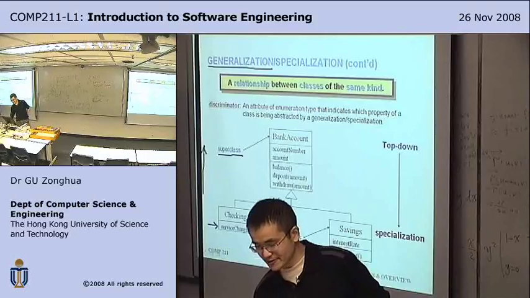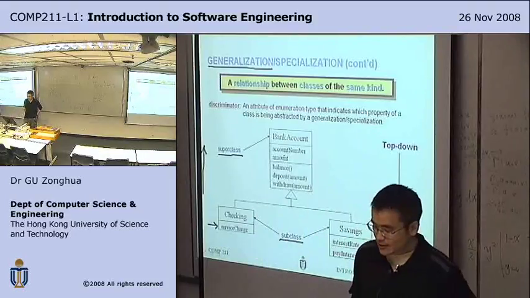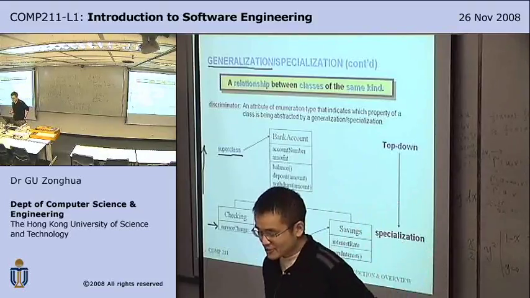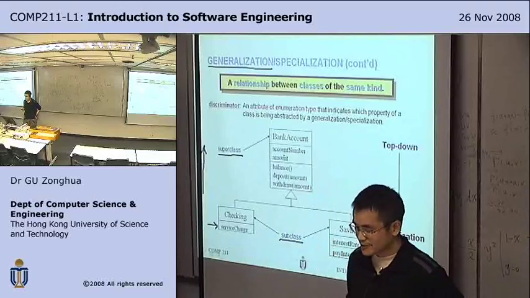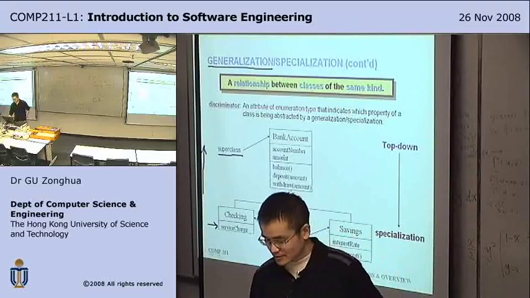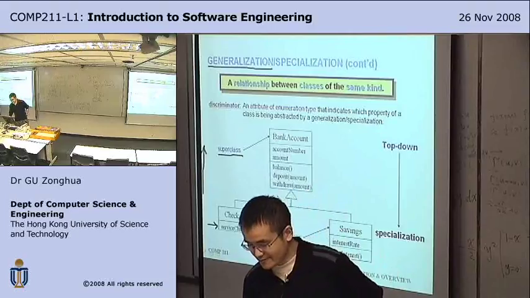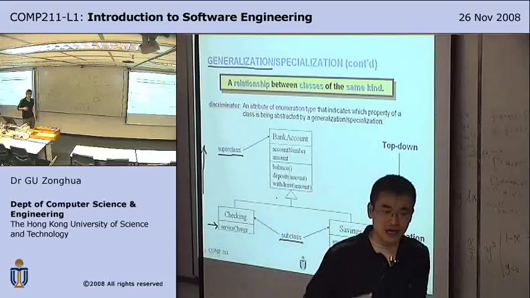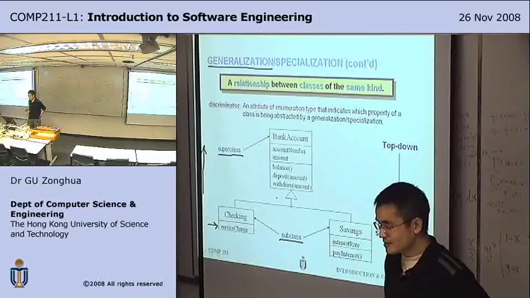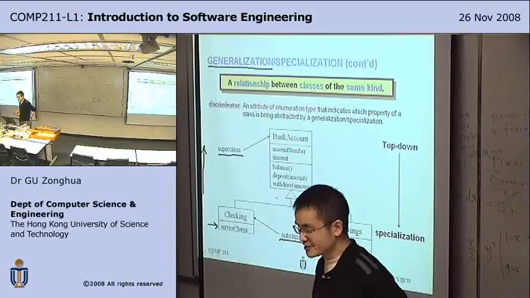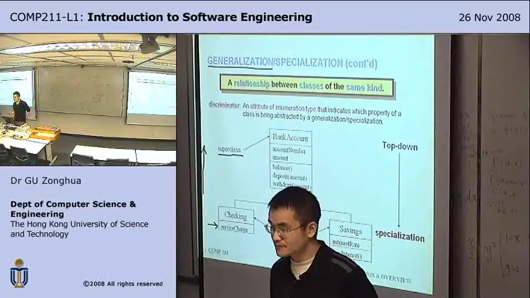It inherits everything from the bank account. But it can add new things. It cannot subtract things from the superclass. So if you find that you need to subtract some attributes and operations, then it's not a proper inheritance relationship. You shouldn't draw it as inheritance.